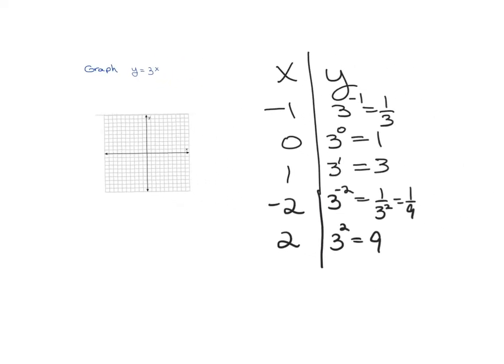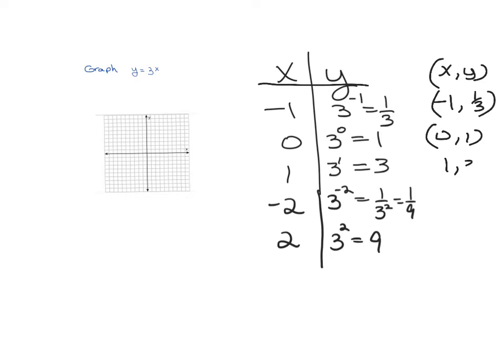Now realize that this little table here has now created ordered pairs for me. So the ordered pairs that I could graph are (-1, 1/3), (0, 1), (1, 3), (-2, 1/9), and (2, 9).